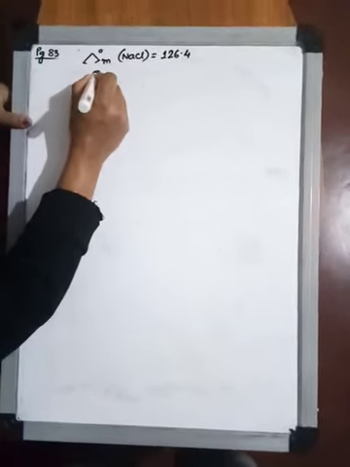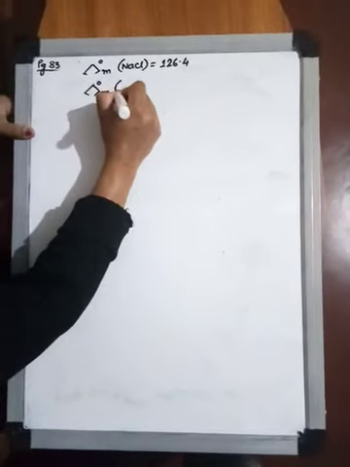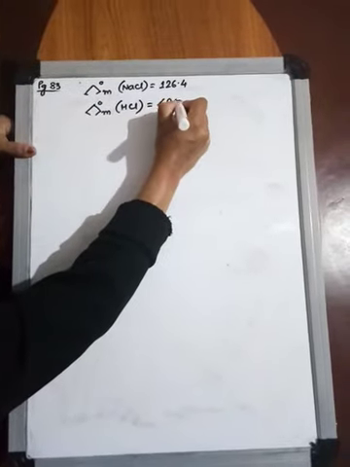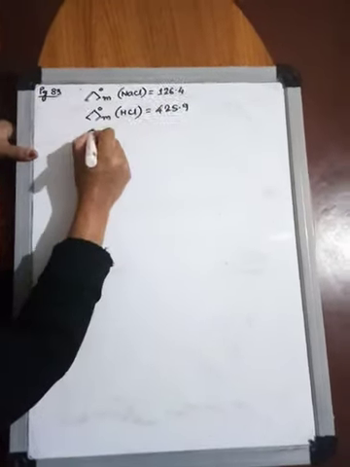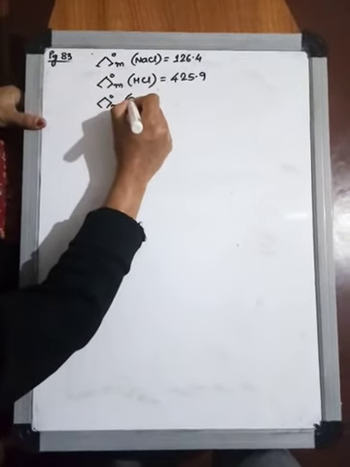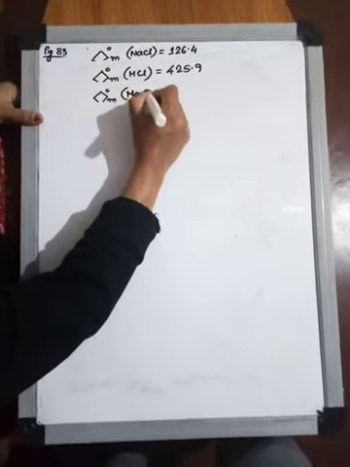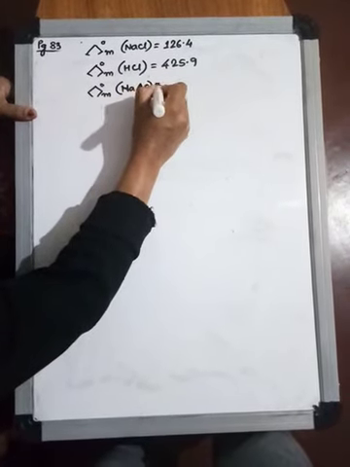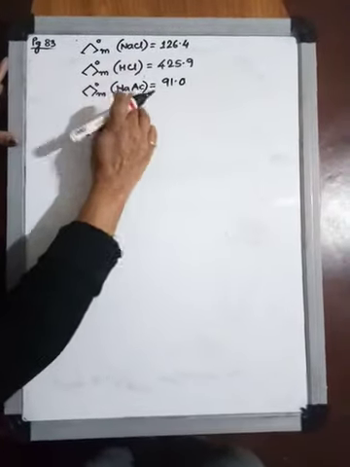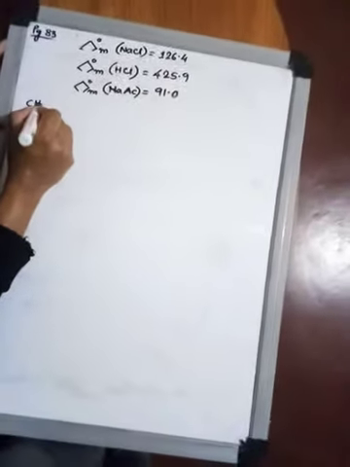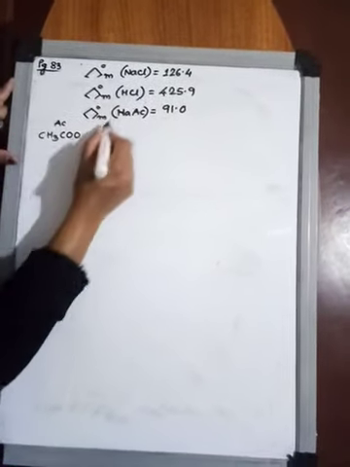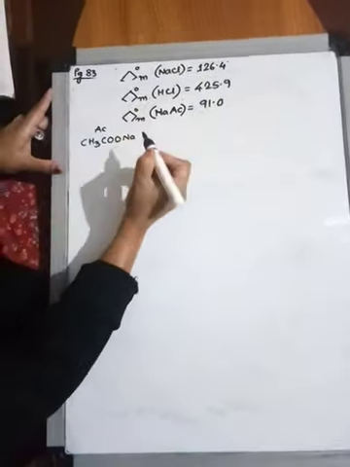Lambda m0 of HCl is given to be equal to 425.9, and lambda m0 of NaAc is given to be 91.0. So what does this Ac mean? Ac is nothing but CH3COO. This part is called Ac. If we write Na, then we will write Na out here.